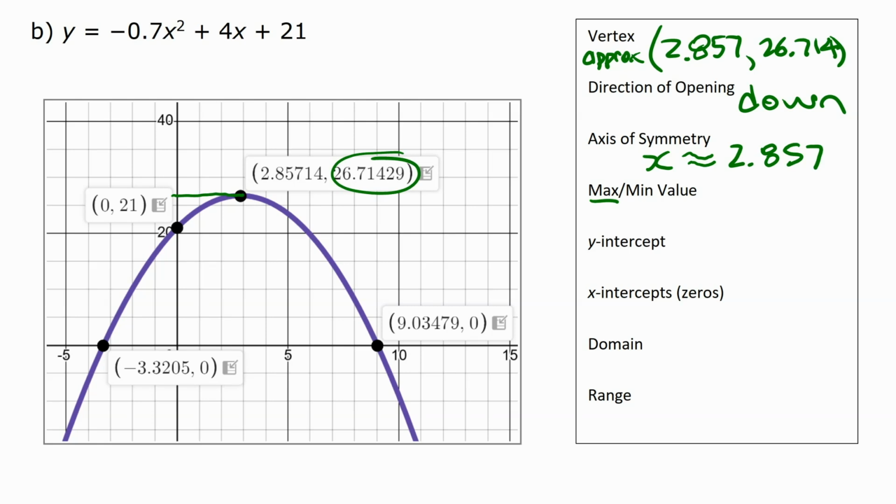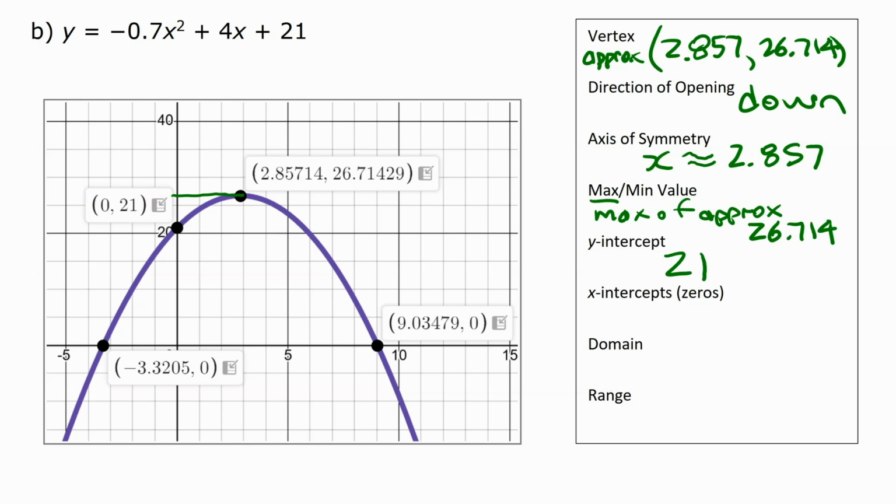So we're going to say this has a max of approximately, right, because it's not exact, 26.714. Our y-intercept you're going to find is actually exactly equal to that. Again, you may have noticed the connection between the constant term and that y-intercept, it is actually 21. So I'm going to say it's just 21 here.